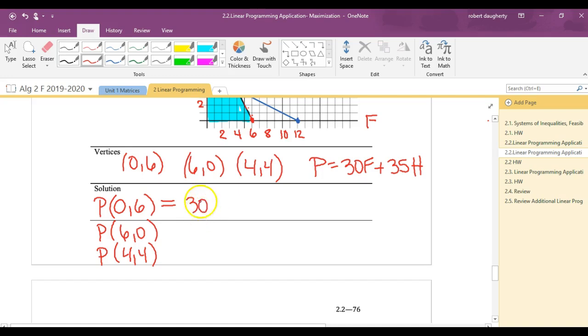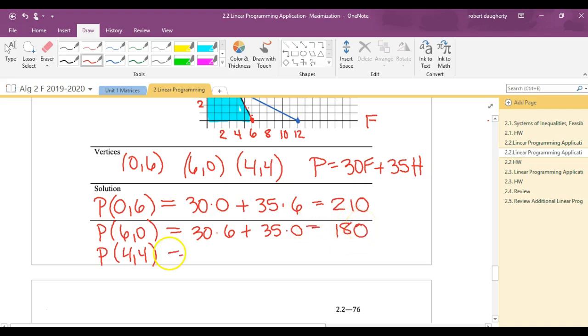This is 30 times 0 plus 35 times 6, and that gives me 210. The next one is 30 times 6 plus 35 times 0, that is 180. Lastly, 30 times 4 plus 35 times 4 is 120 plus 140, which is 260.